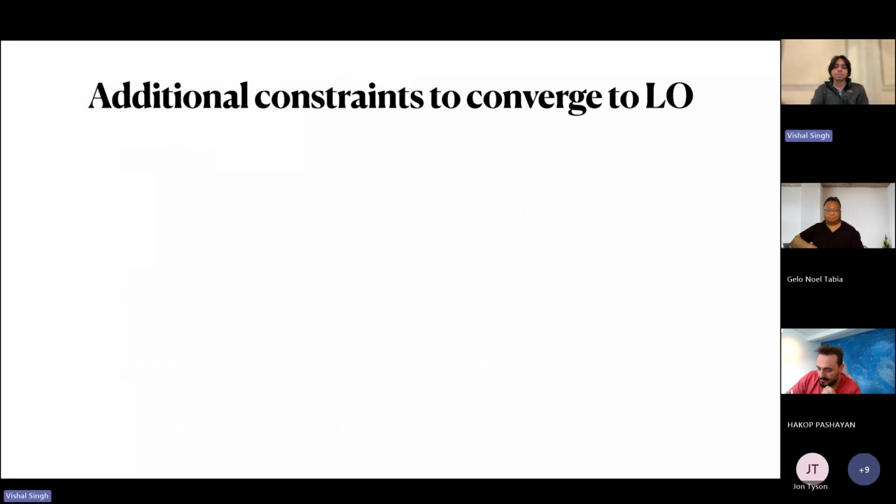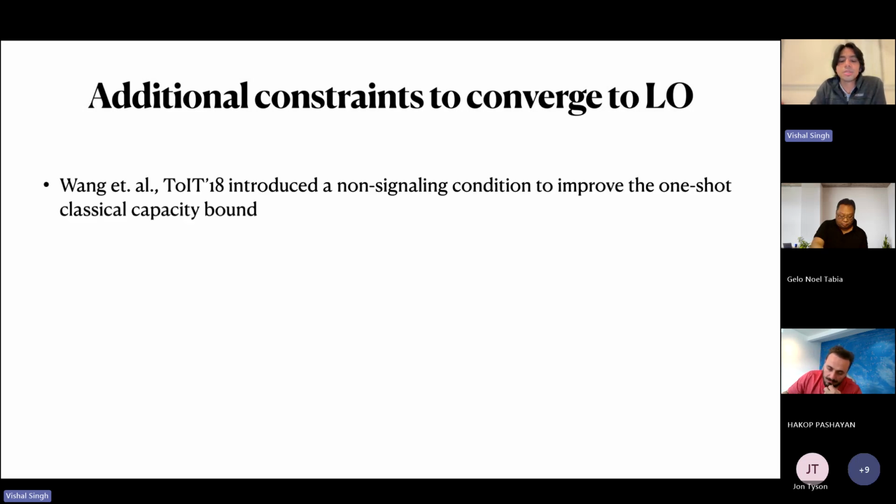Okay, so what we did till now was just consider one-way LOCC operations, but indeed what we want is to converge to measurements that are simulable by local operations only. In other cases one-way LOCC might be useful, but in this case, we actually want to converge to the set of LO.